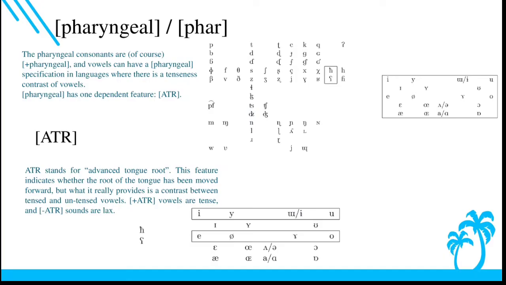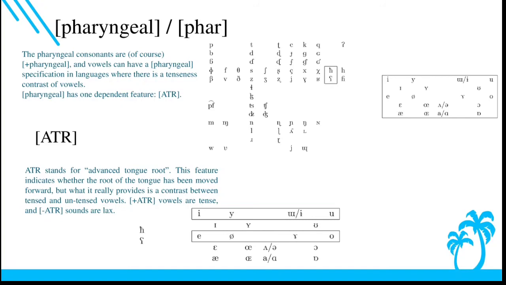And now, pharyngeal. Pharyngeal consonants are, of course, plus pharyngeal, and vowels can have a pharyngeal specification in languages where there is a tenseness contrast of vowels. It has one dependent feature, ATR.